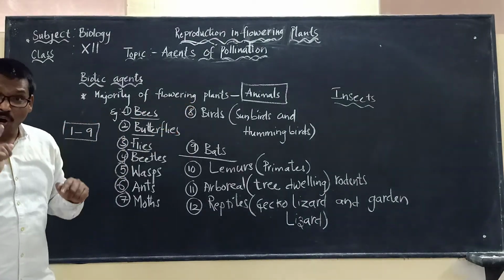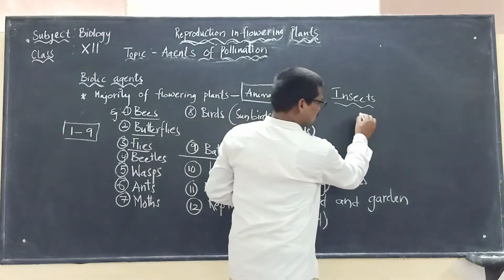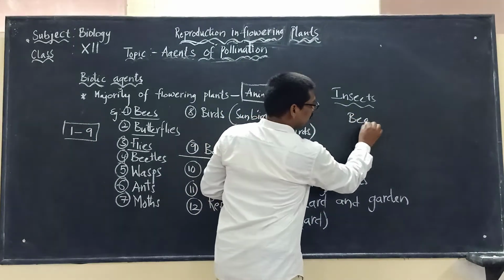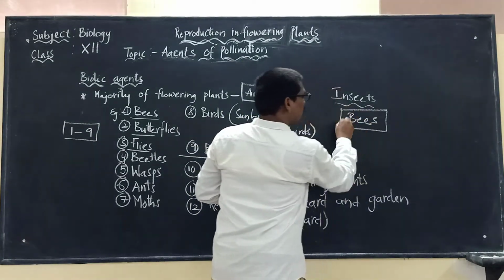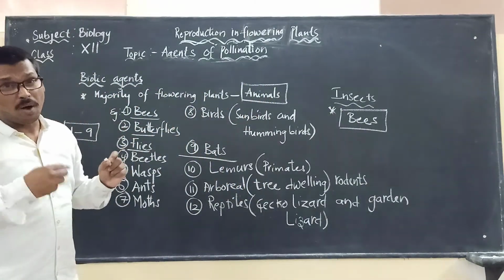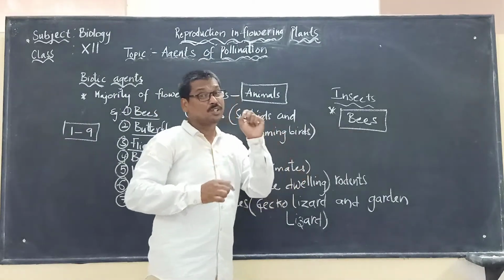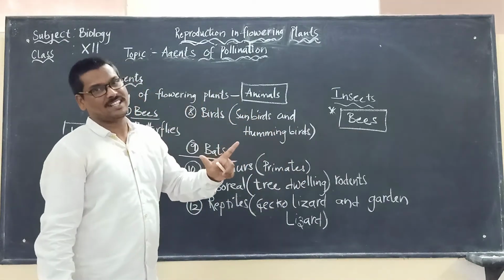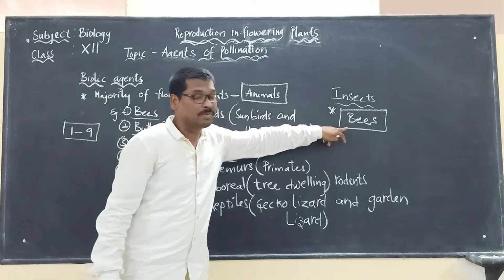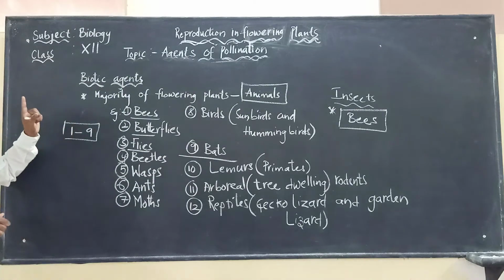Among insects, the best one involved in pollination is bees. Bees are the dominating pollinating agents among biotic agents. So we have to remember bees as the best example among insects which help in the process of pollination.